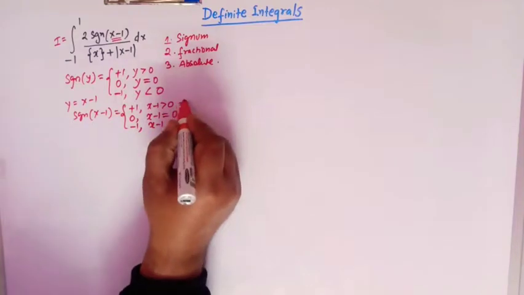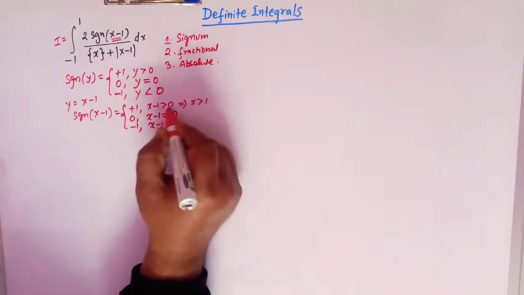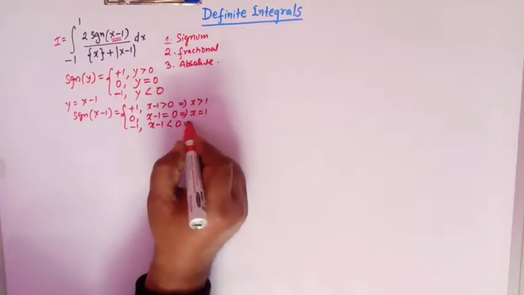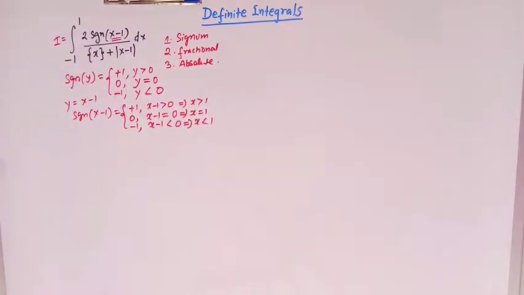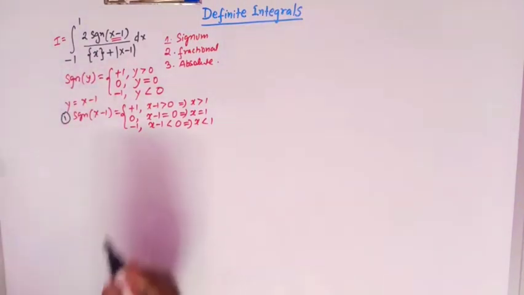Solving the inequalities, we have x greater than 1, x equal to 1, and x less than 1. So this is the first function, our signum function.